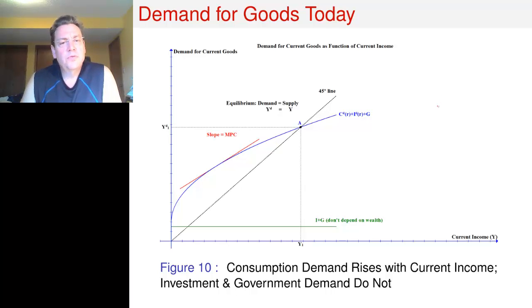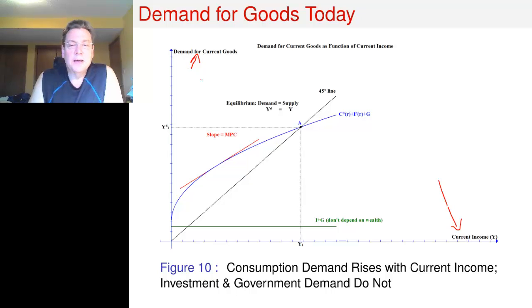Now we're turning to a different kind of graph. What we have down here is current income, and what we have up here is the demand for goods today. Okay, now what is point A? Well, point A is on this curve, which is the consumption demand plus investment demand plus government spending.